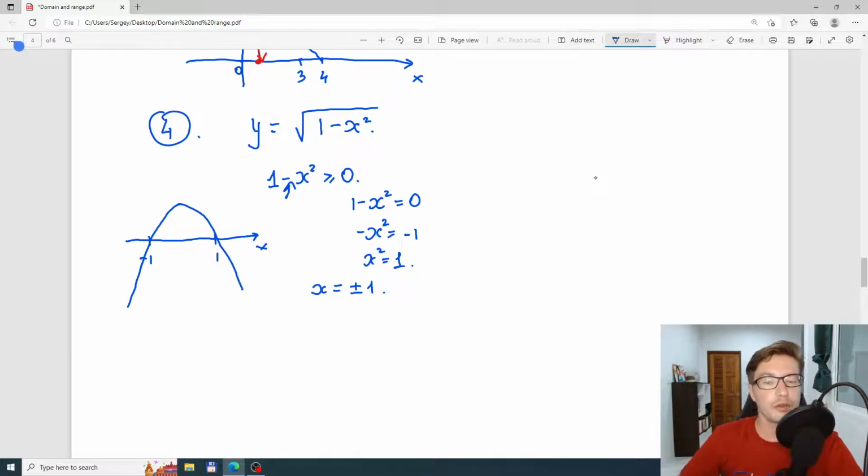Now, which values of x are we interested in? Look at the inequality sign. We want 1 minus x squared to be bigger than 0. So it must be above the x-axis. That means x is in between minus 1 and 1. And this is our domain.